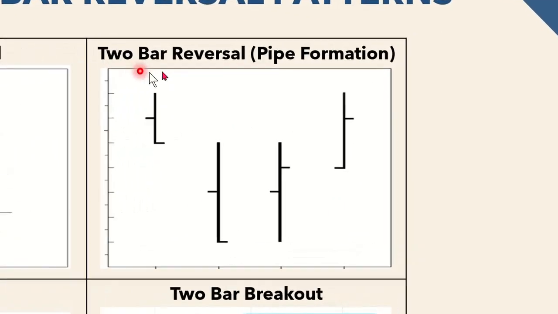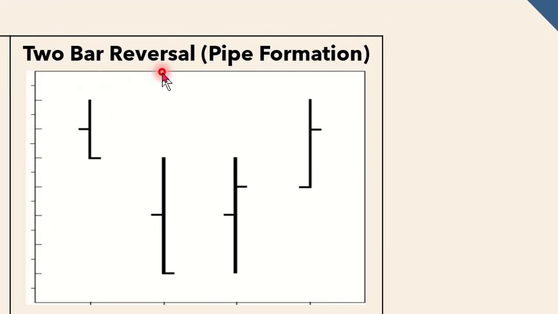Next one is the 2 bar reversal. The other name for 2 bar reversal is pipe formation. It is similar to the 1 bar reversal, but instead of 1 bar, the same happens across 2 different bars.